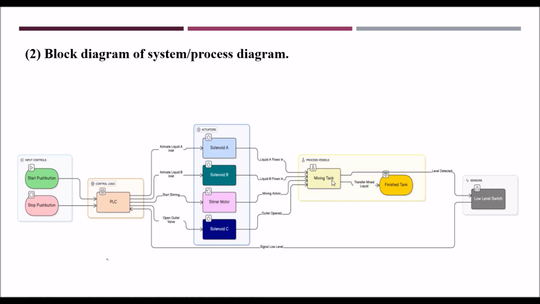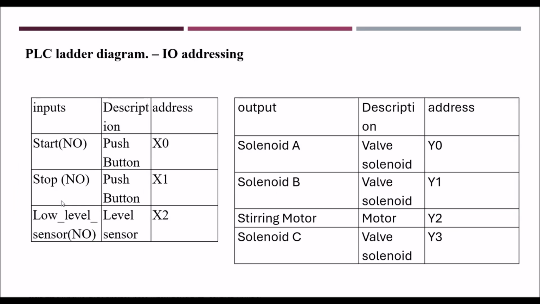Finally after mixing, liquid is going to the finisher tank. There is a feedback from the mixing tank, that is the low level sensor, and once we get that feedback, we send it to the PLC. So this is a complete block diagram. This is question number 2, that is part of the batch process.